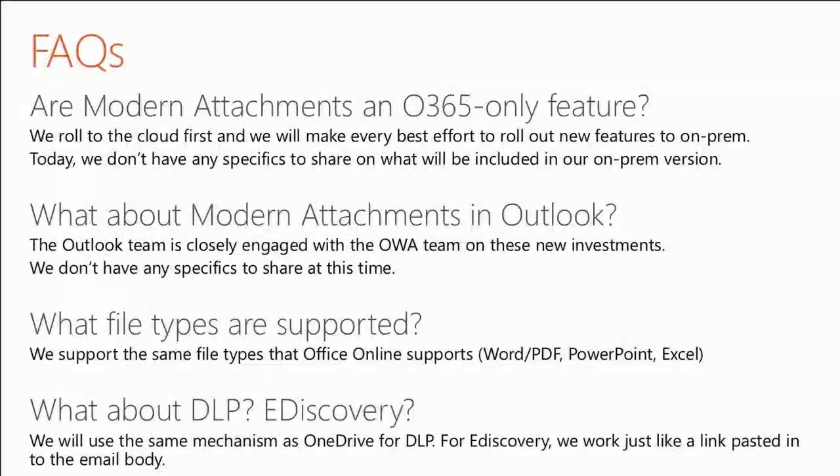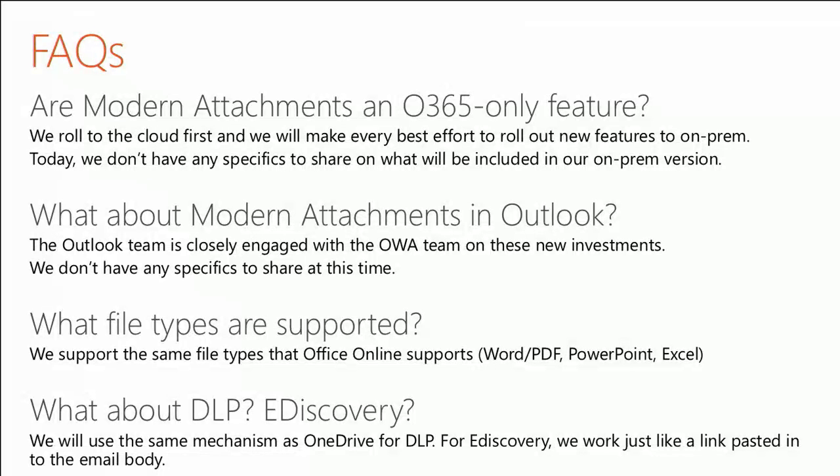And then DLP and eDiscovery. How do these attachments that are links, how do they work with data loss prevention? How do they work with eDiscovery? The simple answer there is that we are going to work the way OneDrive links work already with DLP and eDiscovery. So there's not really much more we need to do along those lines.